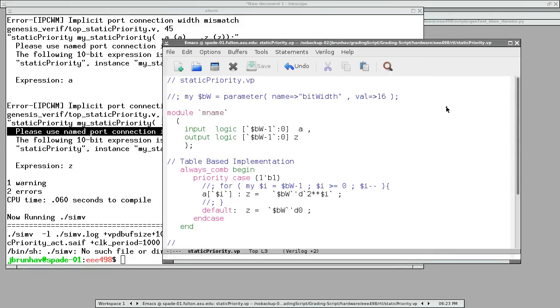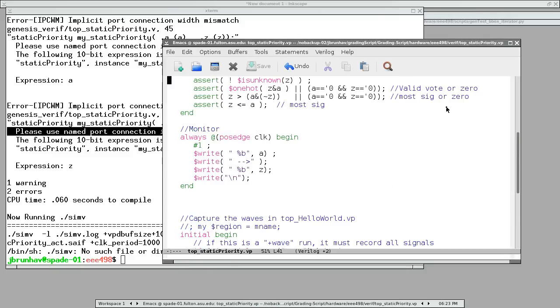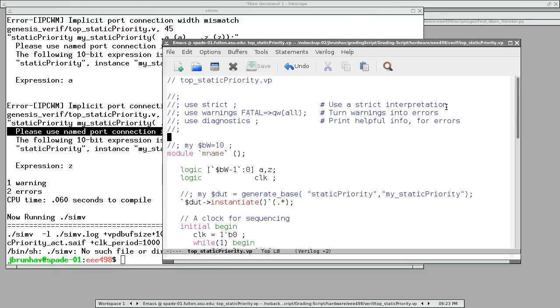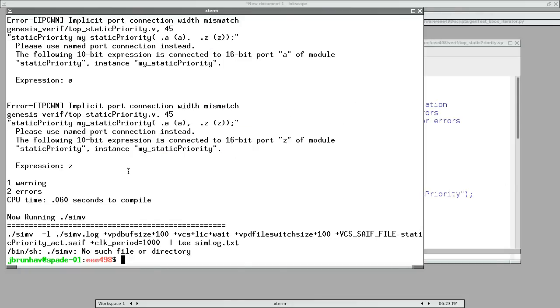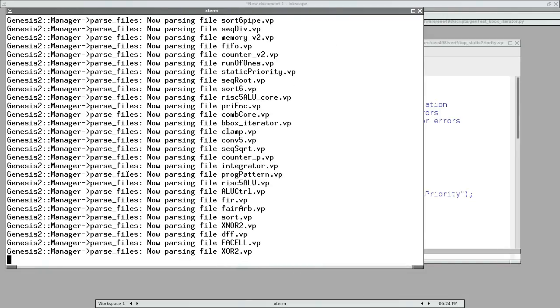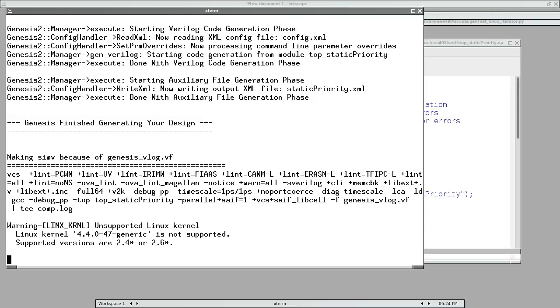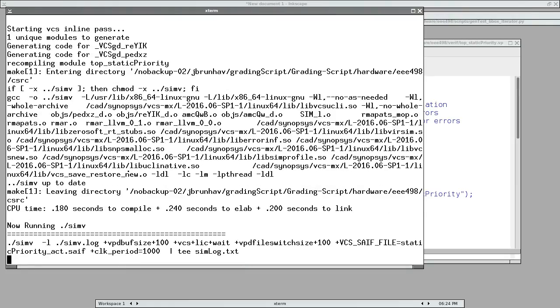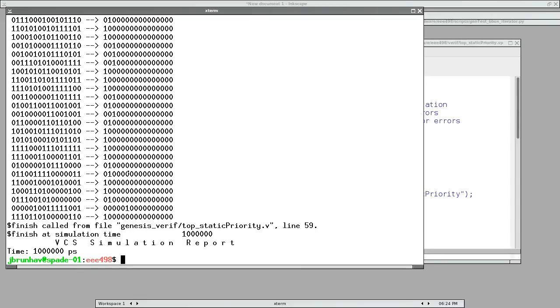And then we have an implicit port width mismatch. So why do we have an implicit port width mismatch? It is because we forgot to ask how many bits it is. So here in the test bench we said it's 10, but in our design the default was 16. If we were doing better, we would have asked in advance what it was, but we'll just set them both to the same number. Great.